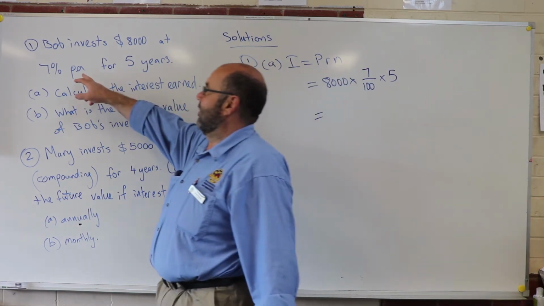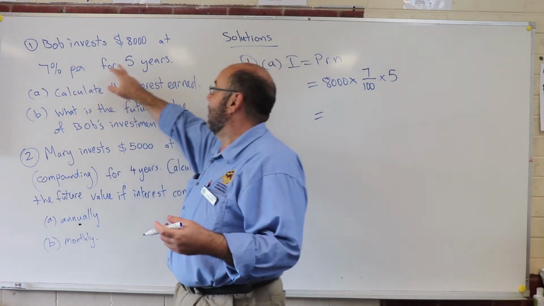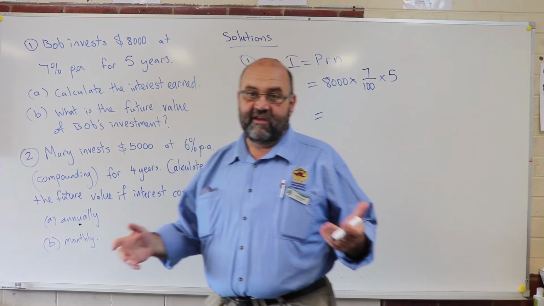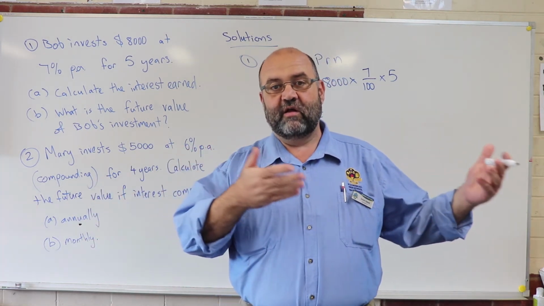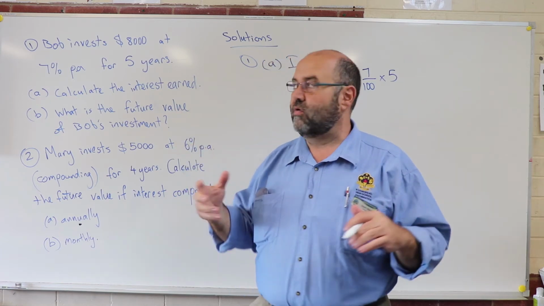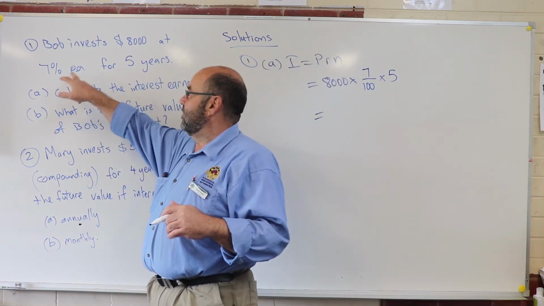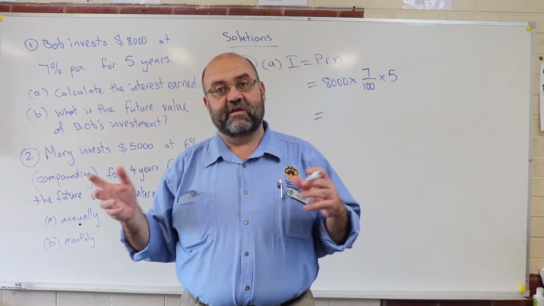Now, our interest is being paid per annum, per year, and we're investing for 5 years. So our interest rate and our number of terms agree in their units. We're not talking about investing at 7% per annum for 5 months. That's a different kettle of fish.